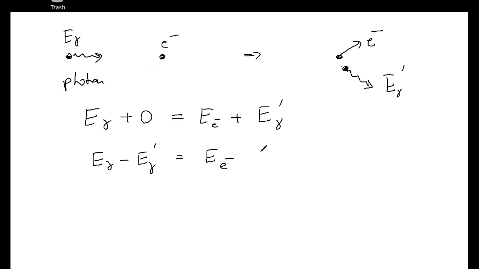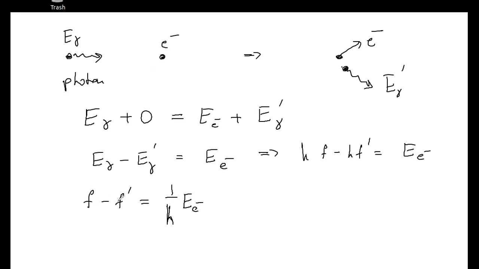Now, if I remember that energy is related to frequency, I can get the shift in frequency. So this is the energy of the recoiled electron, this is the change in frequency, and this is the Planck constant. Yeah?